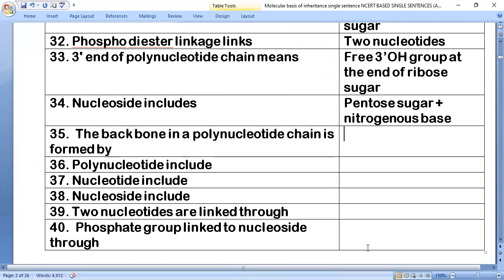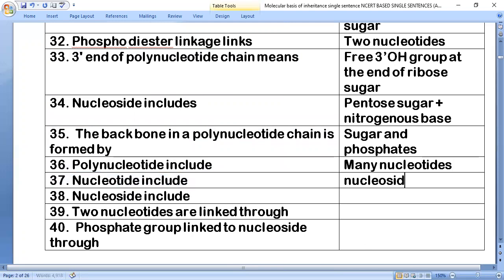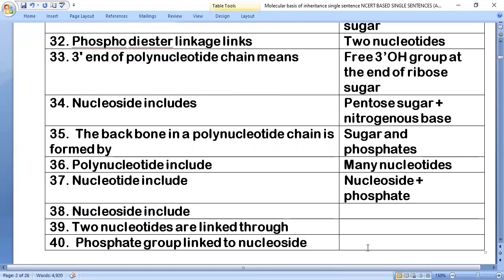The backbone in a polynucleotide chain is formed by sugar and phosphate. Polynucleotide includes many nucleotides. Nucleotide includes nucleoside plus phosphate. Nucleoside includes nitrogenous base plus sugar.